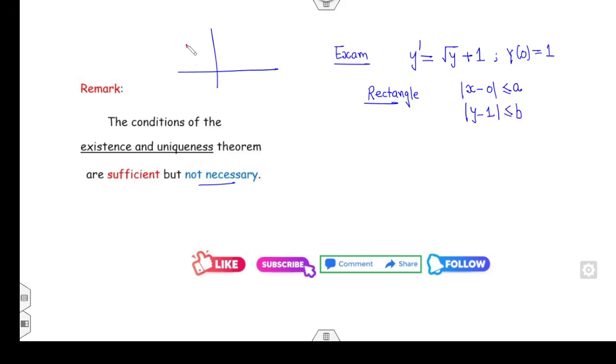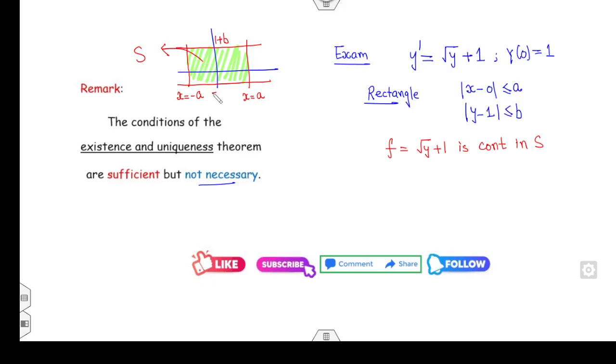So in your rectangle, this is x equal to minus a, this is x equal to plus a, this is y equal to 1 plus b, and this is y equal to 1 minus b, and your rectangle will be this part. Fine. Now you can clearly say your function f, root of y plus 1, is continuous in the rectangle S, this is my rectangle S, because any point in this interval lies between 1 plus b and 1 minus b.